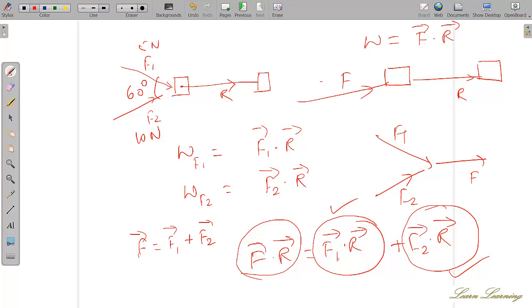That is very obvious: if there is no force, there is no acceleration, so the velocity will be the same, and that's why the kinetic energy is not going to change. The other thing is, if the work done by all the forces equals zero, let's say there are forces acting on a body but the total work done is zero, then also the kinetic energy is not going to change.